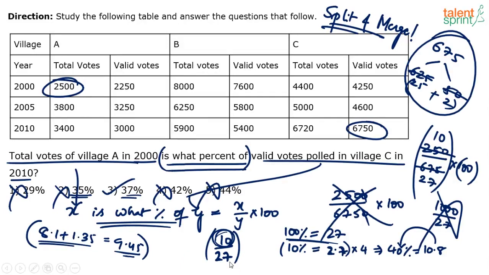How do I know? 10% is 2.7, so 5% will be half of 10%, and half of 2.7 is 1.35. So this is 30%, this is 5%, 35%. 35% is 9.45. But the actual numerator is more than 9.45, which means the answer should be more than 35. The only value which is more than 35 and less than 40 in these options is 37. You getting it?